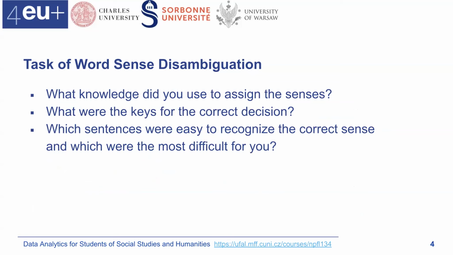Which sentences are easy to recognize the correct sense for, and which are the most difficult for you or for us? So we look at this task from a human being perspective, and we keep in mind that we would like to teach computers to automatically recognize the correct senses.